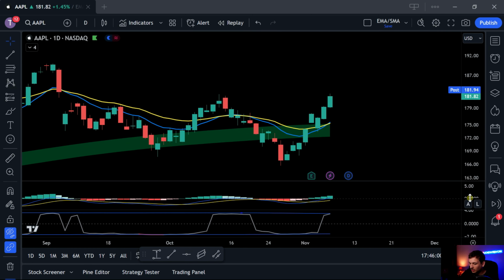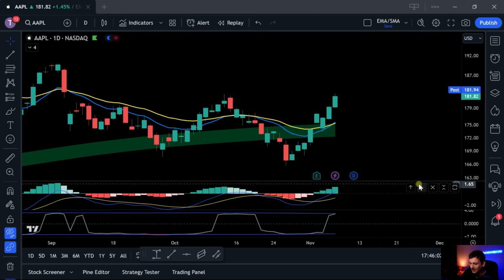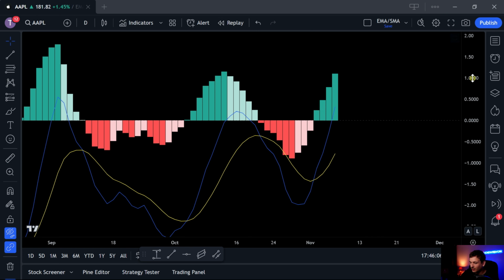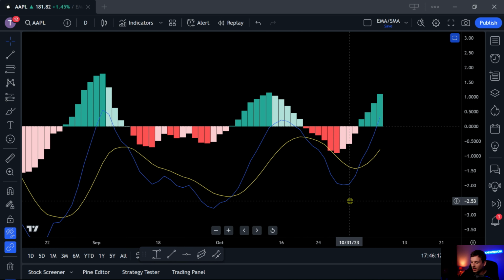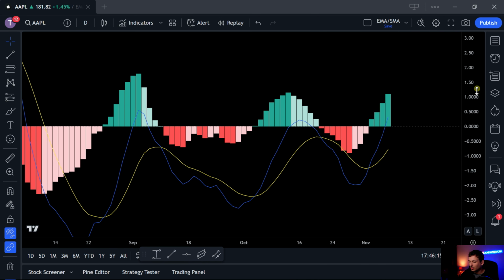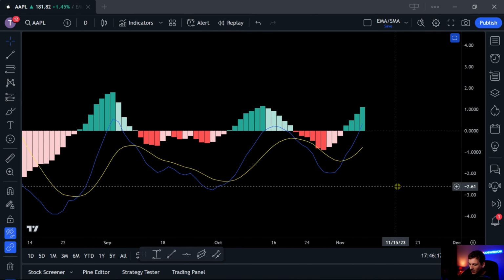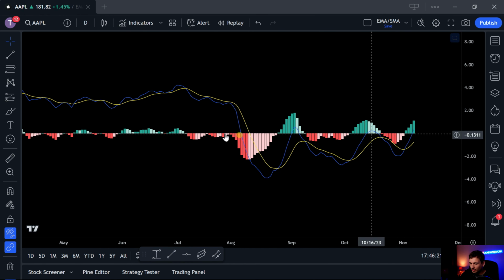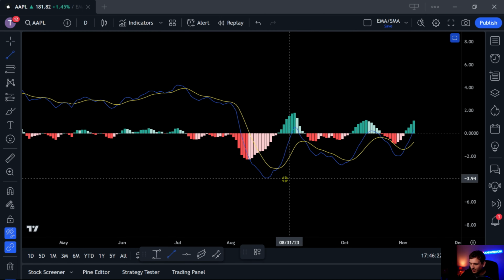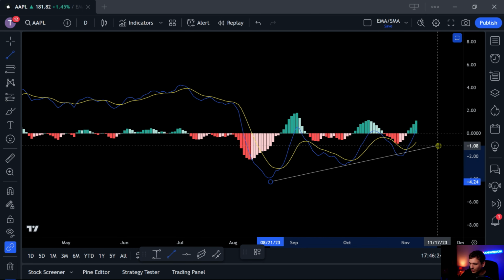Now let's take a look at the MACD, which we already kind of did, but you want to analyze it again from a little bit different standpoint. We're going to do this a little bit faster once we get to Nvidia and Meta, and we're also going to end with Bitcoin here. I'm going to zoom out a little bit here. You see a trend that you want to pay attention to, and that is an upward trend.